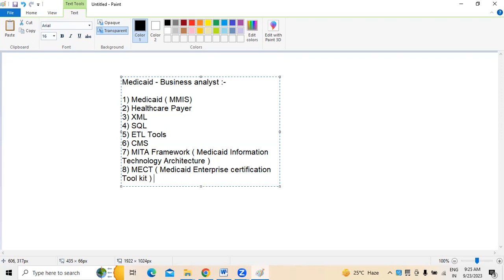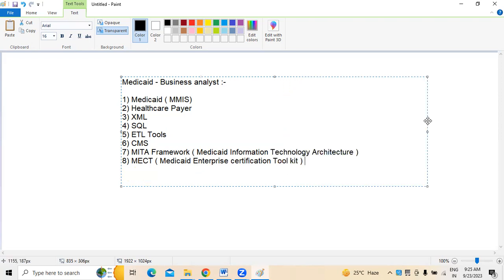MECT stands for Medicaid Enterprise Certification Toolkit. This knowledge is becoming essentially important nowadays. This is also one of the key and prominent aspects we must be good with when we want to work as a Medicaid business analyst in the real world.